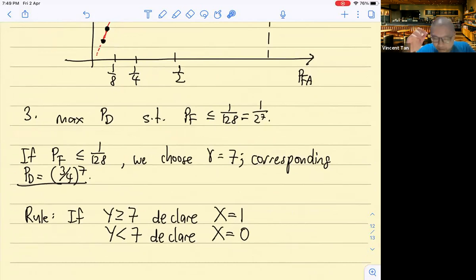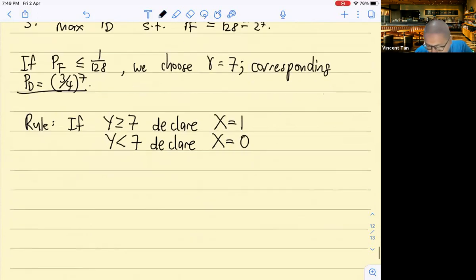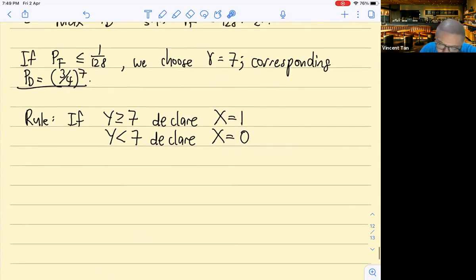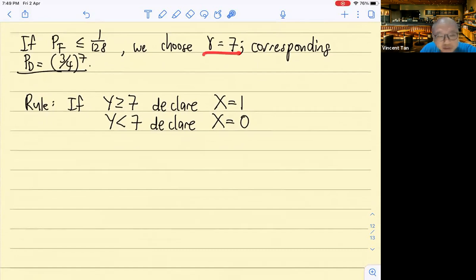Now in the last 10 minutes, I will not be so simple. All right, if you look at the questions that I asked, I never asked all these benign questions where you have this very nice 1/2 to the power 7, so you can choose a beautiful threshold like this. So we need to do a little bit more.